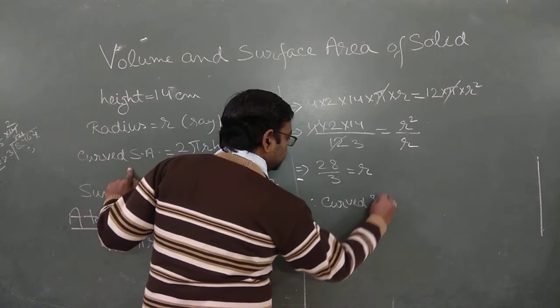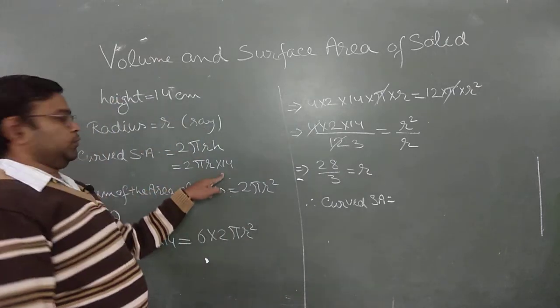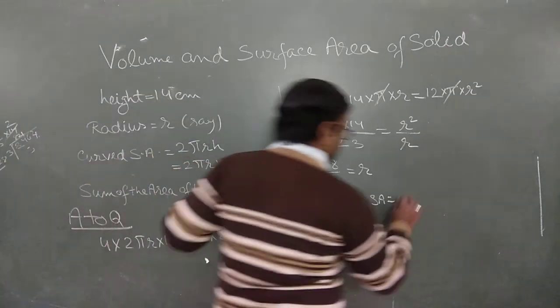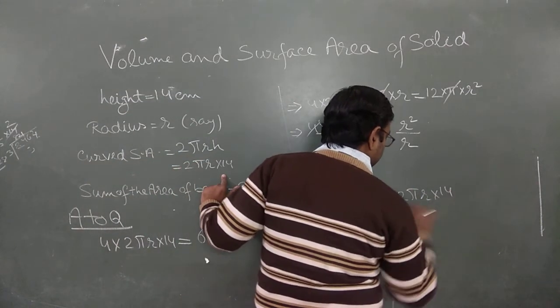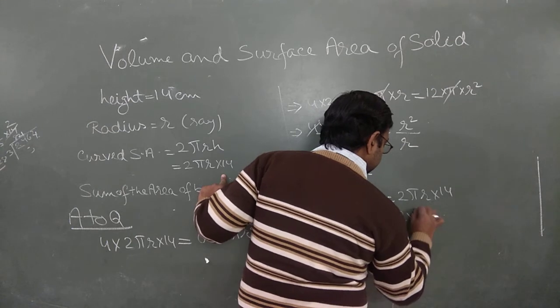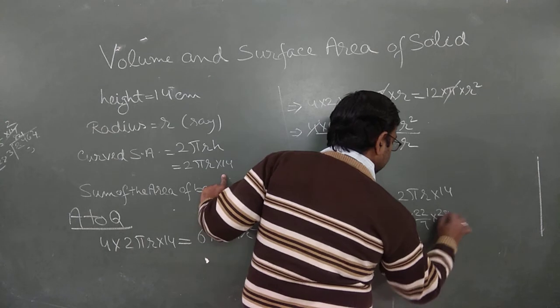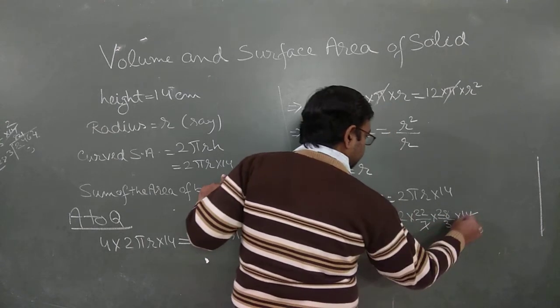curved surface area equals 2 pi r into 14. I hope this is clear to you. Place all the values. It's 28 upon 3 into 14. 7 2s are 14.